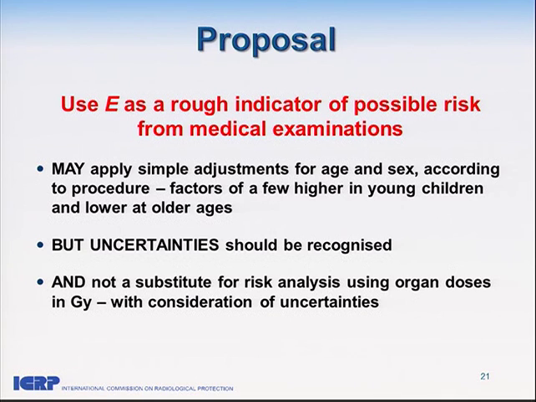But also in doing so, the uncertainties need to be recognised, and particularly when you're going down to lower doses. And this isn't and shouldn't be regarded as a substitute for risk analysis, where the organ doses would be taken and age and sex specific risk factors used to calculate risks for a specific population group, with due consideration to the extent that is possible of uncertainties.